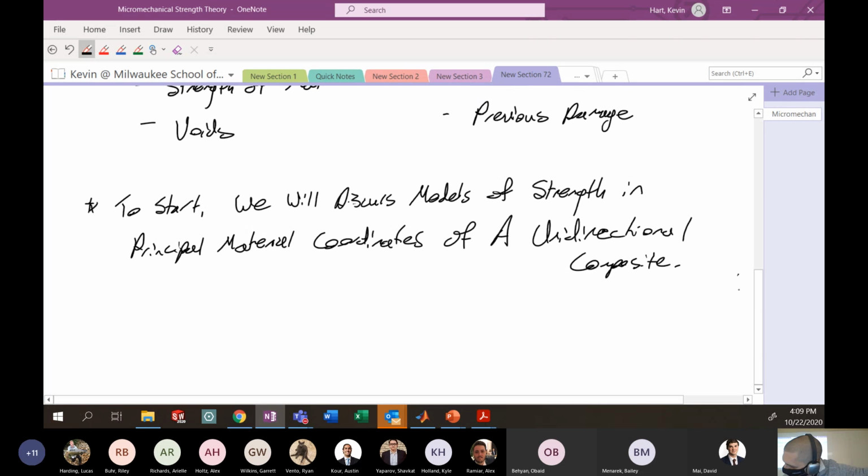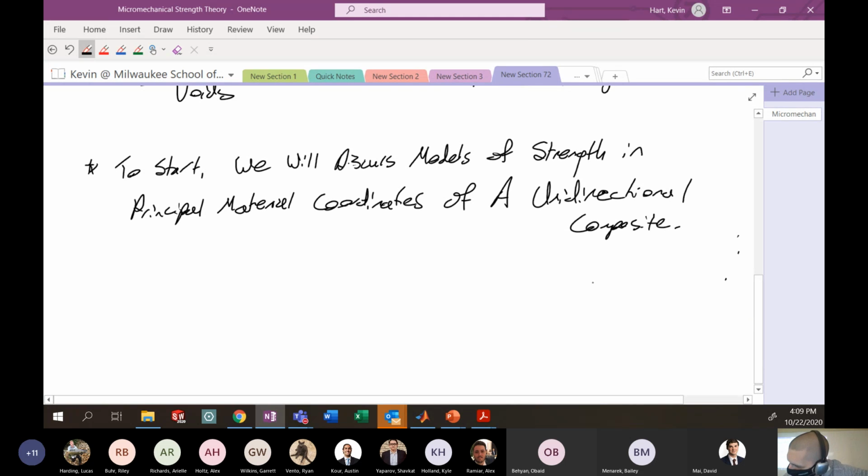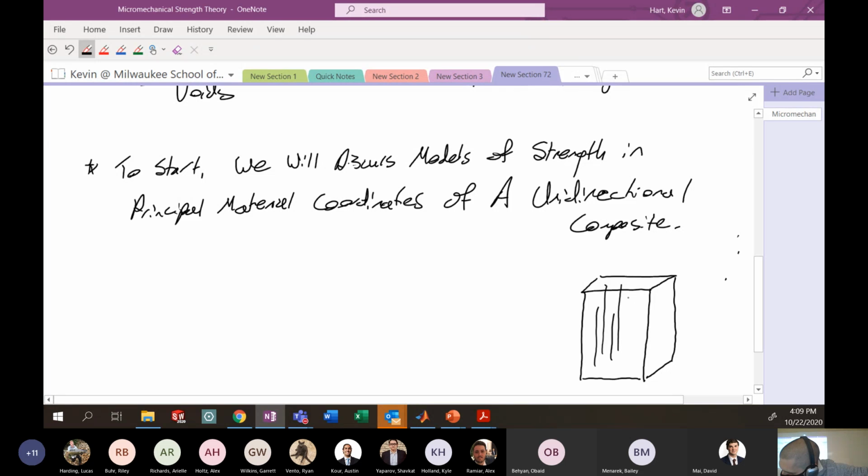Okay. So obviously the picture that you want to have in your head is the traditional picture of a unidirectional composite. Just something like this, where we have continuous fibers running all along this direction. And so our coordinate system would be 1, 2, 3.